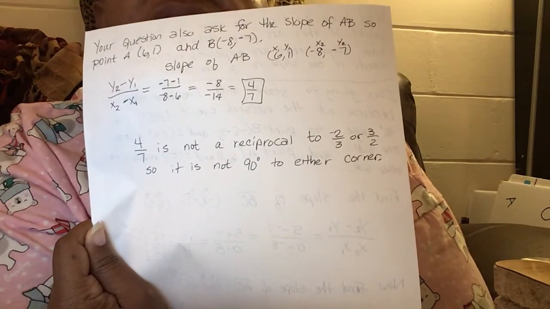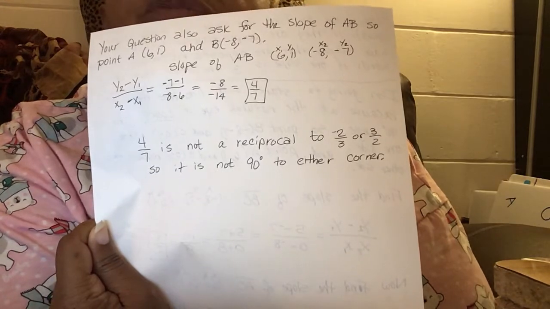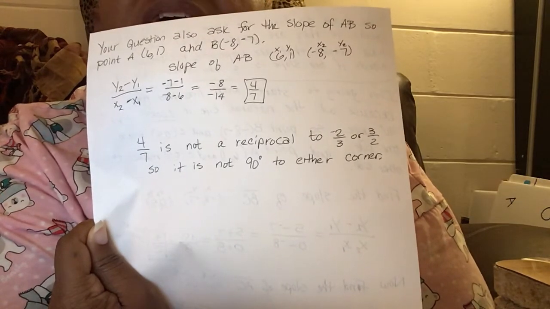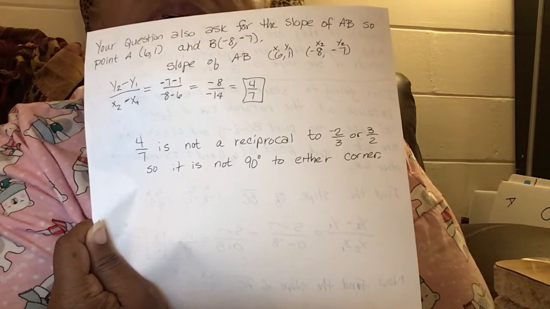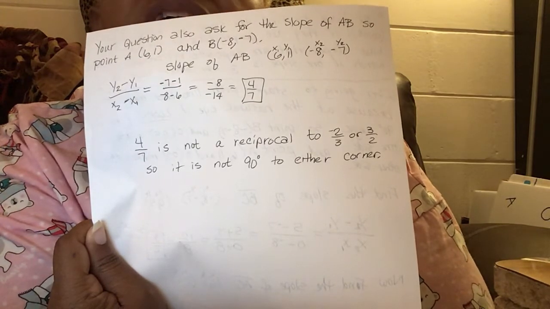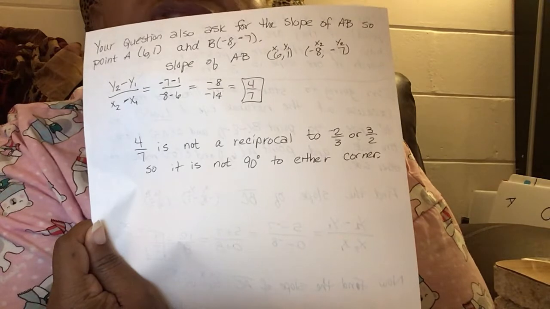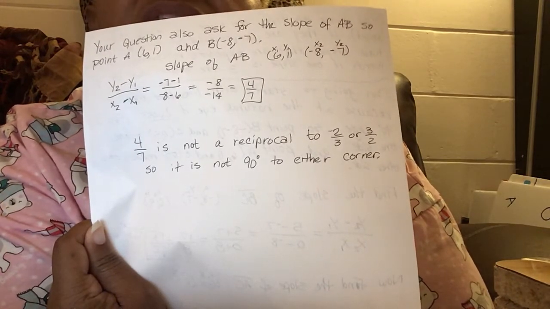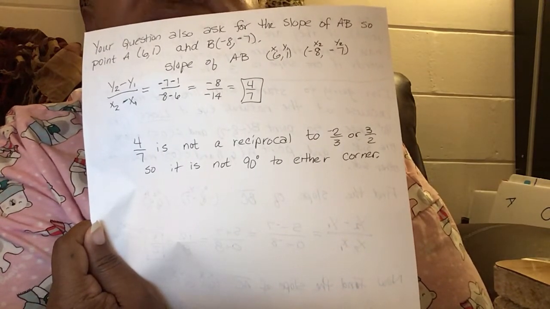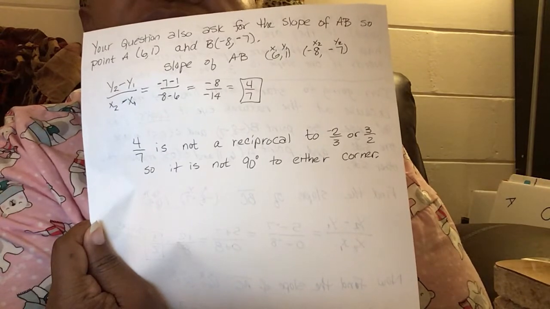Okay, you got that? So 4/7 is not a reciprocal of -2/3 nor 3 over 2. So it is not 90 degrees at either corner.